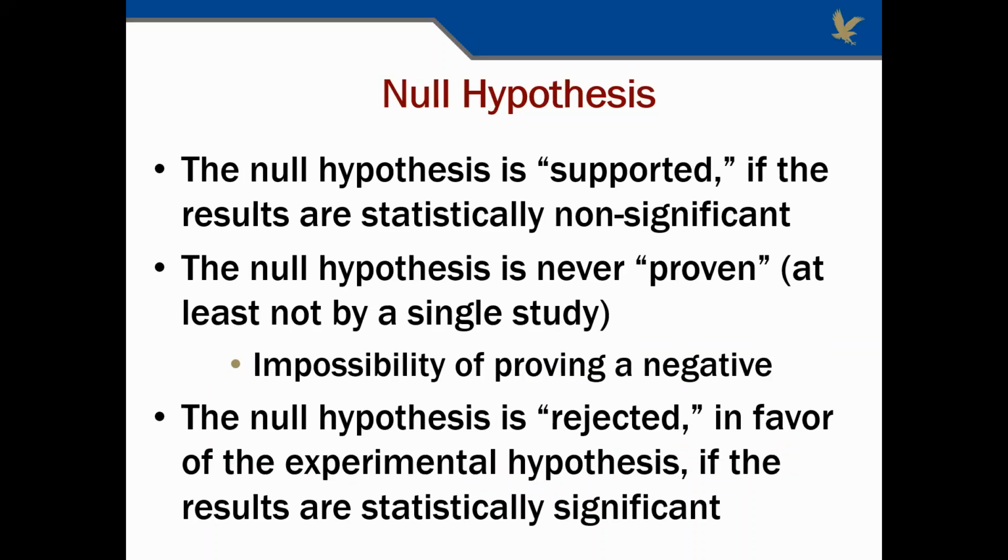The null hypothesis is supported if the results are statistically non-significant. The null hypothesis is never proven, at least not by a single study. There is an impossibility of proving a negative. The null hypothesis is rejected in favor of the experimental or alternative hypothesis if the results are statistically significant.